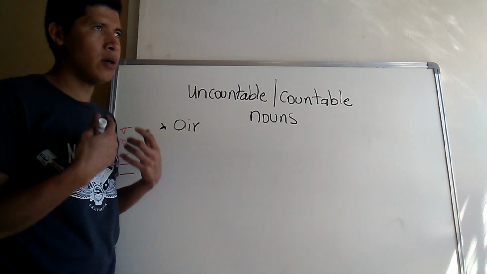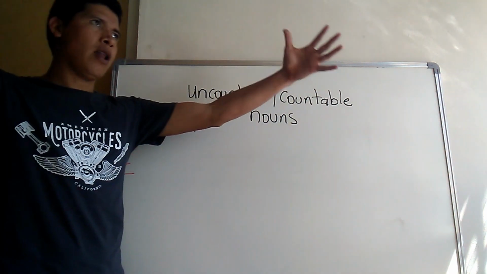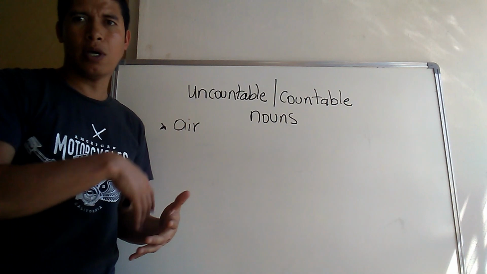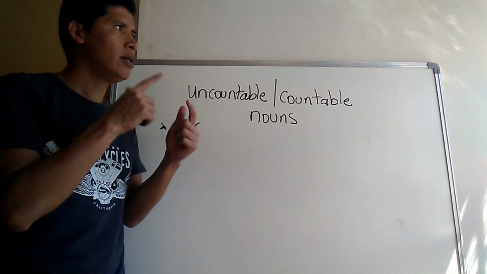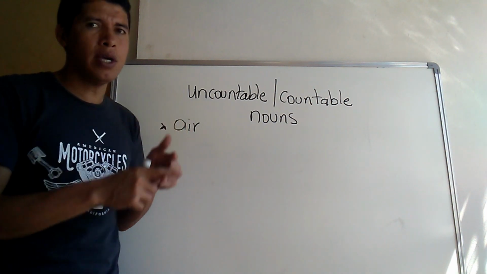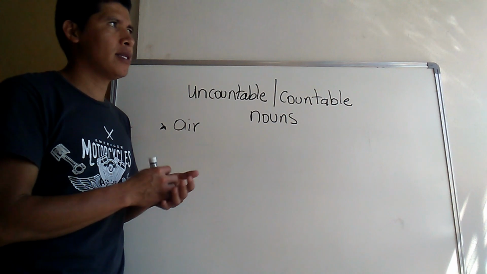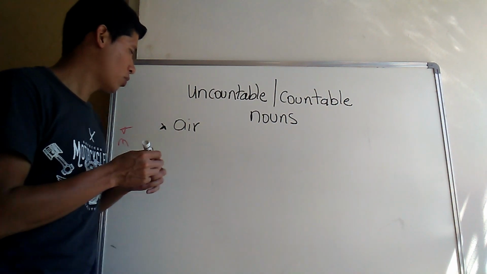This noun is uncountable because there is a lot of air around the world. Can you count the air: 1 air, 2 air, 3 air? It's not possible to count the air, and that is the reason it is an uncountable noun.